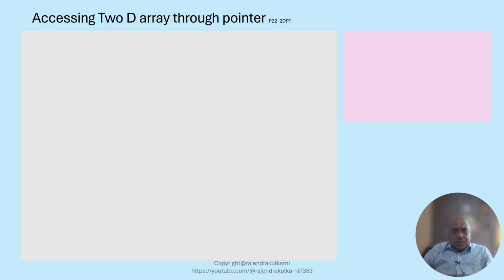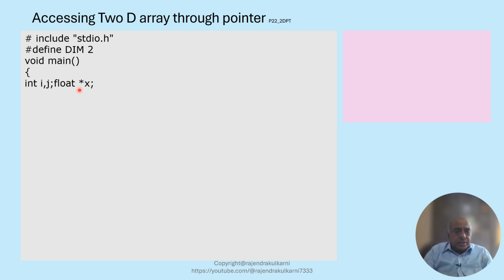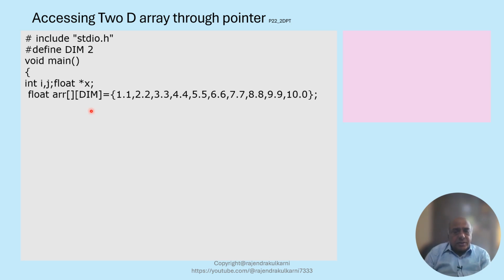Now we have seen up till now how 2D arrays are accessed using the subscript notation. In this slide we will come to know how the 2D array can be accessed using pointer notation. So we have declared a pointer float star x, and then declared and initialized the array ARR with values 1.1 to 10.